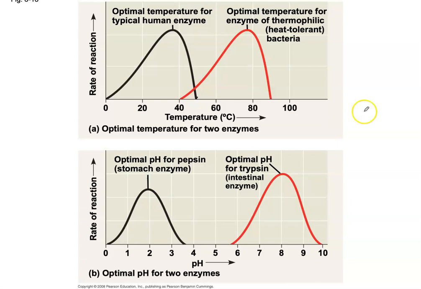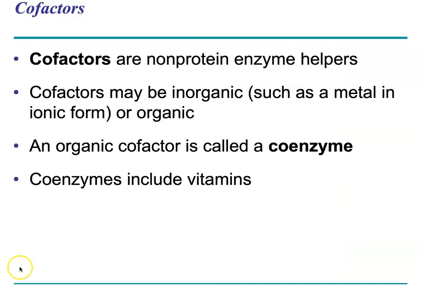If you were to transfer this enzyme to this location, it's going to denature and not work. If you transfer this enzyme to this area, it's not going to work. So this is what we mean by enzymes having a very specific range of temperature and pH.